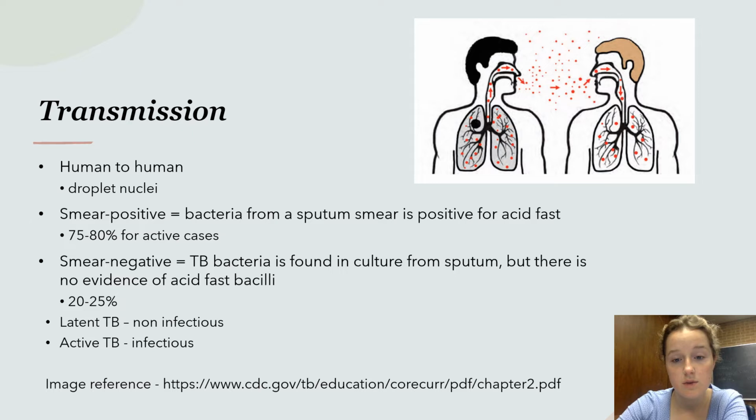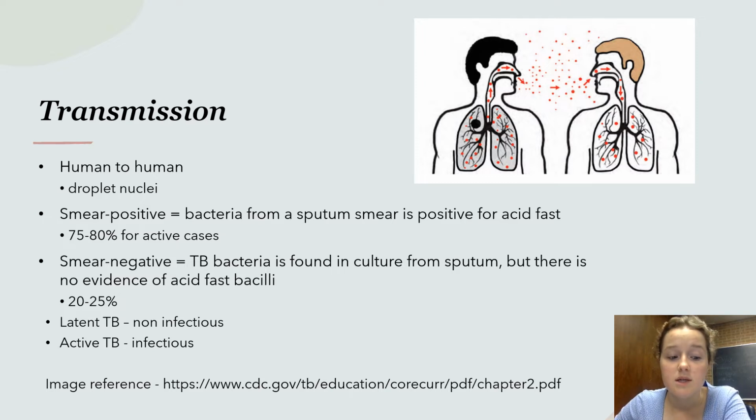Transmission is human to human. So when someone coughs or sneezes or talks, they release airborne particles called droplet nuclei. And in each nuclei, there's 3 to 10 bacilli of the bacteria. And these, because of their small size, are able to stay airborne for several hours.